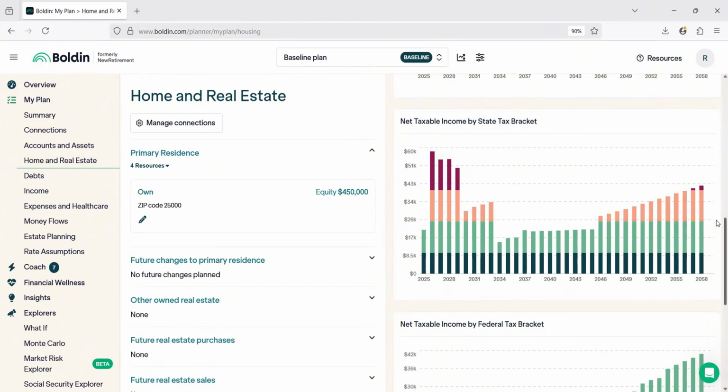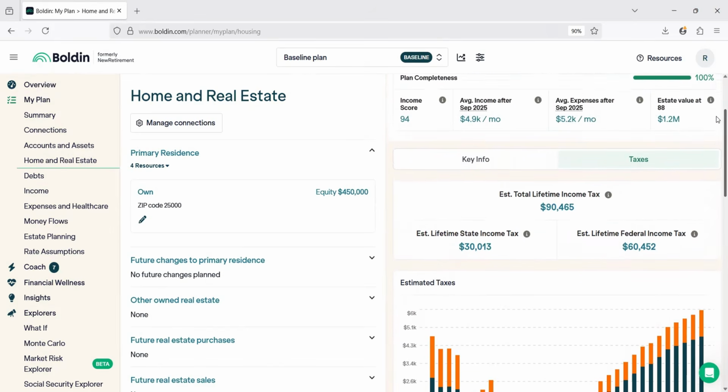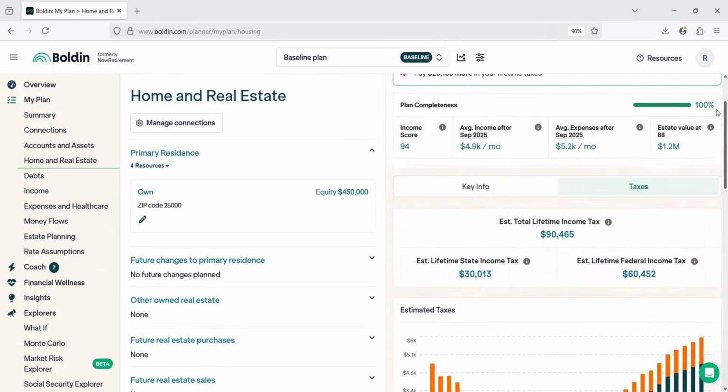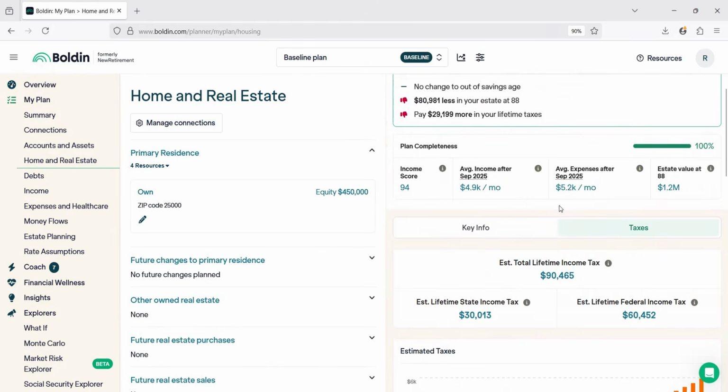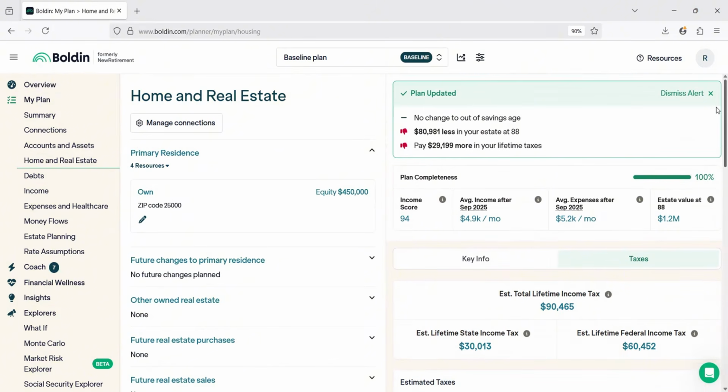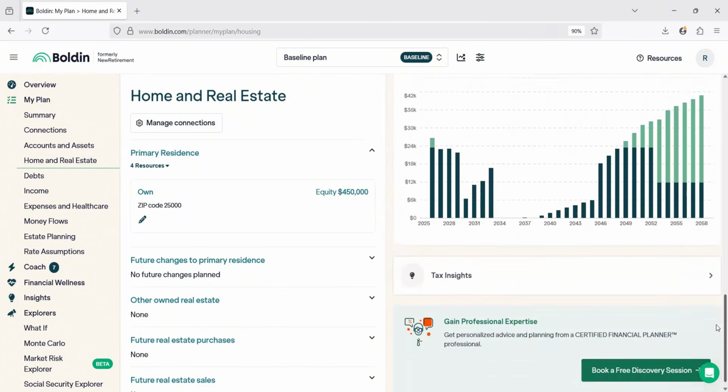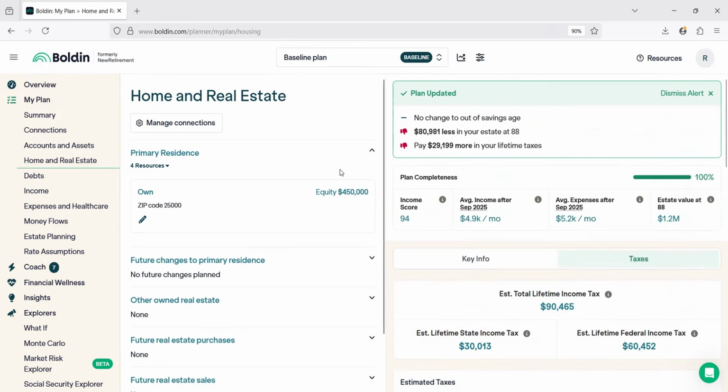So it really does make a difference where you live with the tax information. And you can see that it's giving you $80,000 less in your estate when you pass, you're paying $30,000 more in your lifetime taxes. So it's doable, but you definitely want to account for those state taxes.